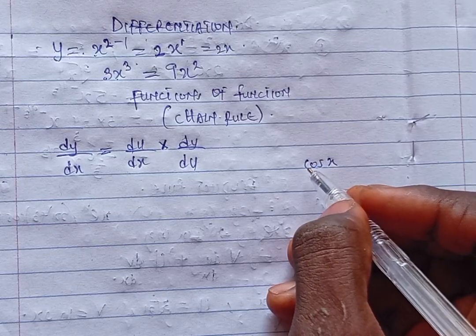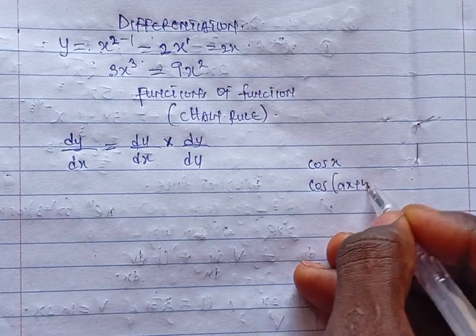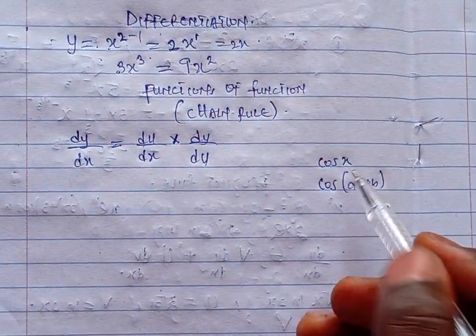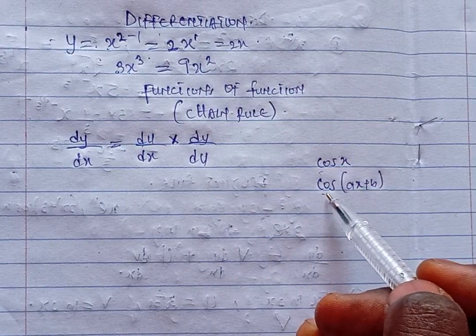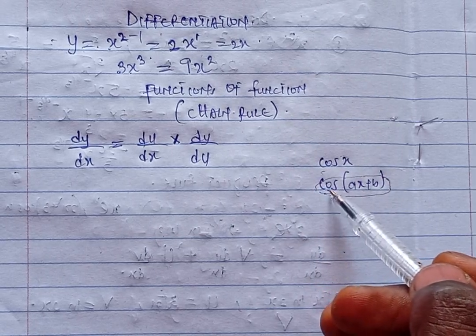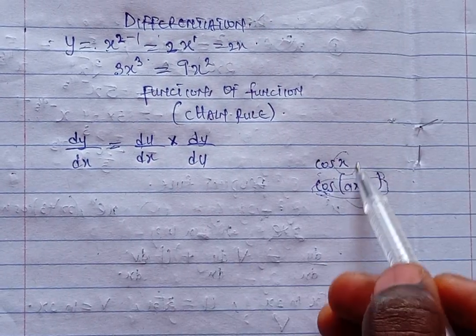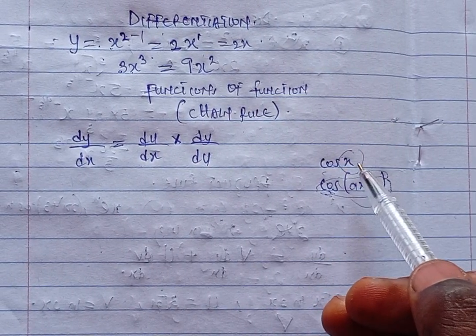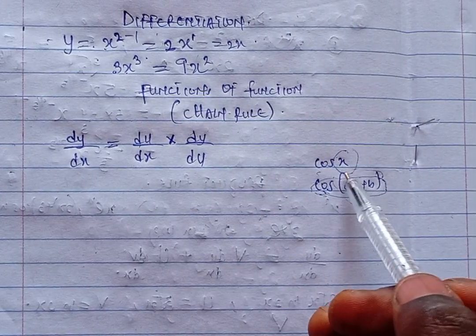But assuming you now have something like cos(ax + b), this one is different. You can't just say the differentiation of this one is minus sine x; it is minus sine(ax + b) times the derivative of the inside, because this one has changed from the standard one that we used to follow. So that's how you will know you're going to use function of a function.